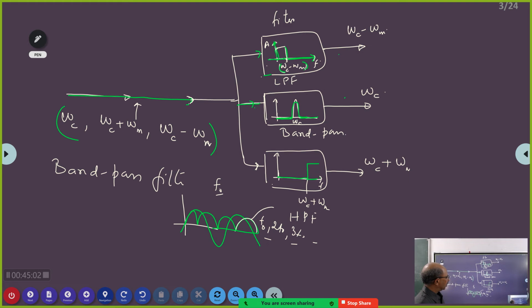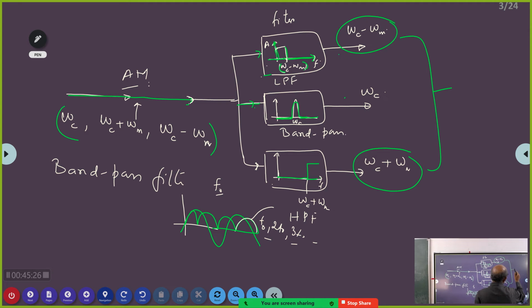So you understand that this is an amplitude modulated wave. You can pass it through filters and get all these different components. This is called the upper sideband, this is called the lower sideband. These two sidebands contain information.